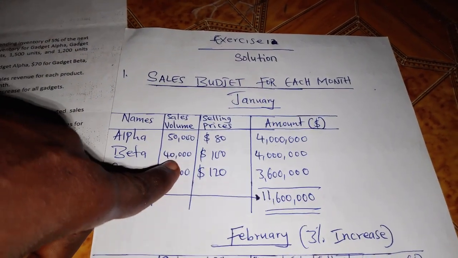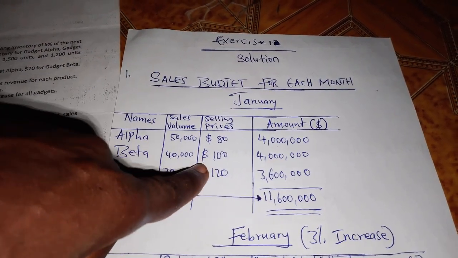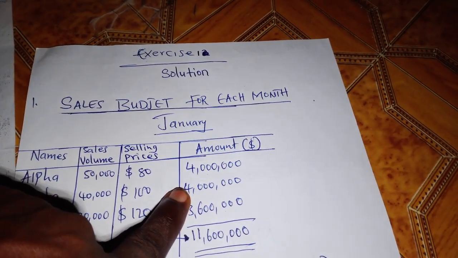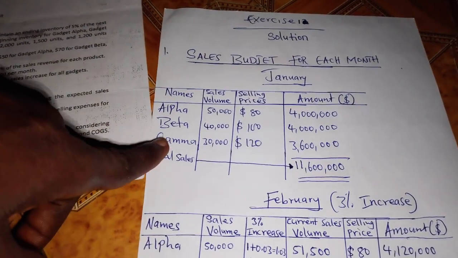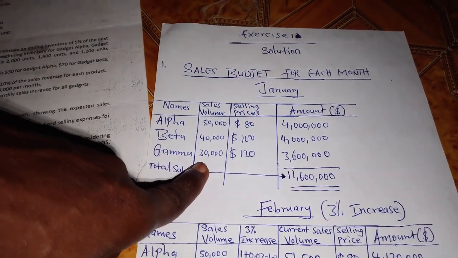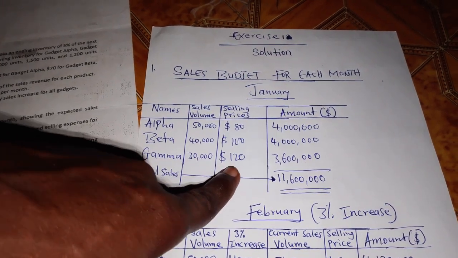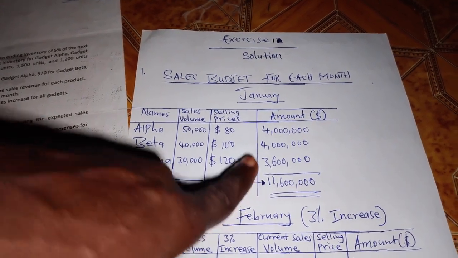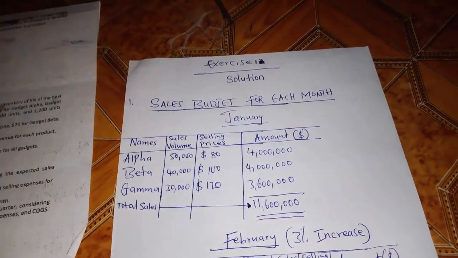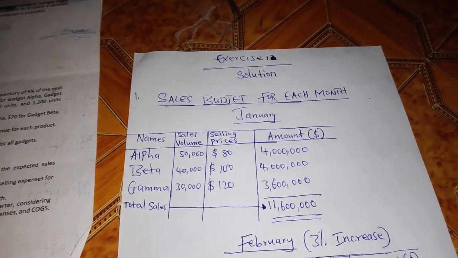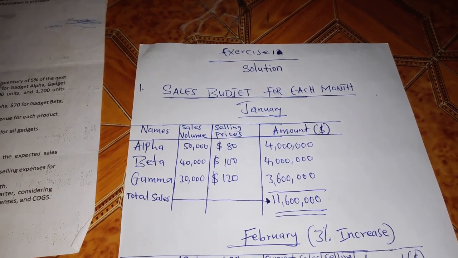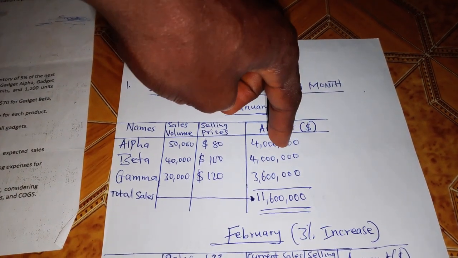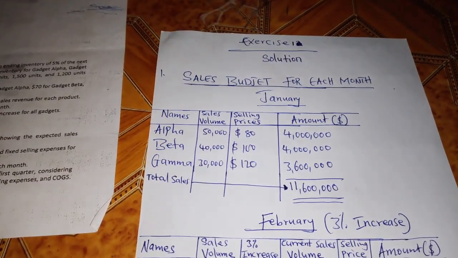Beta, 40,000 sales volume multiplied by $100 gives us $4 million. Gamma, 30,000 sales volume multiplied by $120 gives us $3,600,000. The first phase of this, we have done it. This is the expected sales revenue for each product.